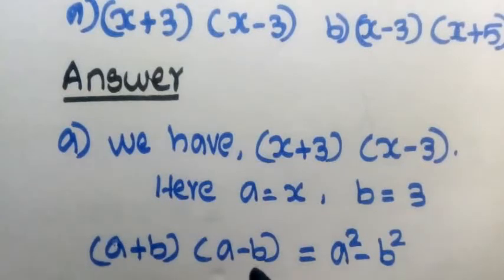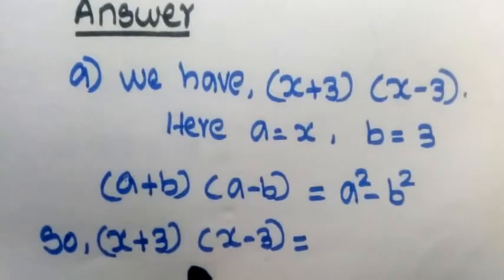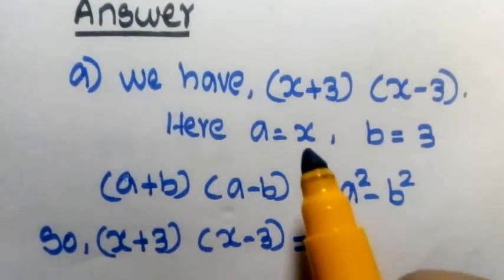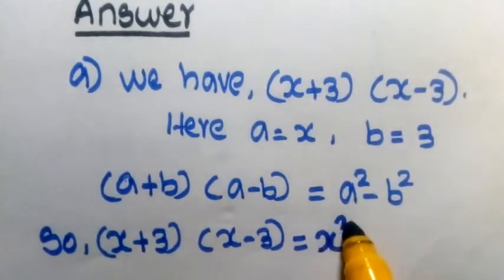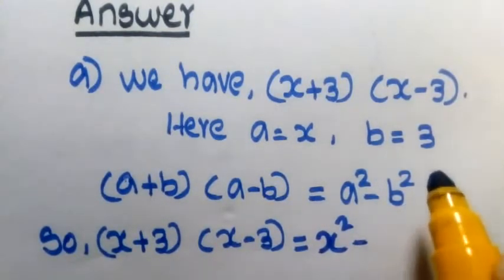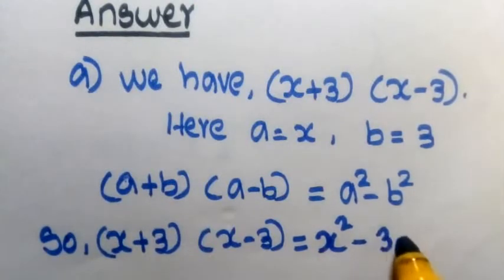If it is like (a − b)(a + b), you can also apply the same identity. So, (x + 3)(x − 3) is equal to a², a is x, so x², minus b², b is 3, so 3².